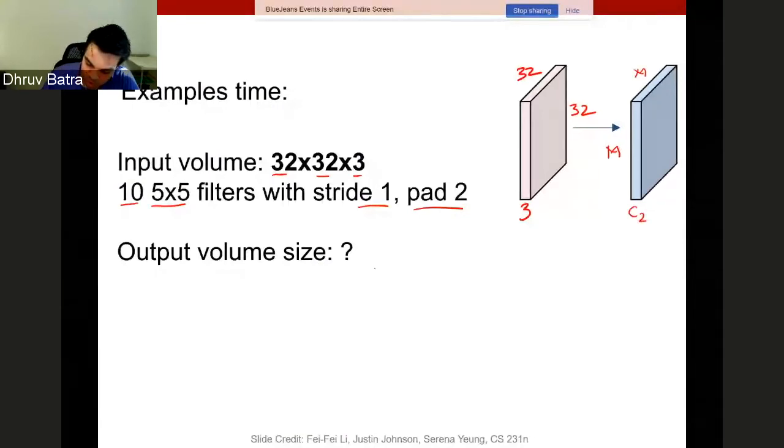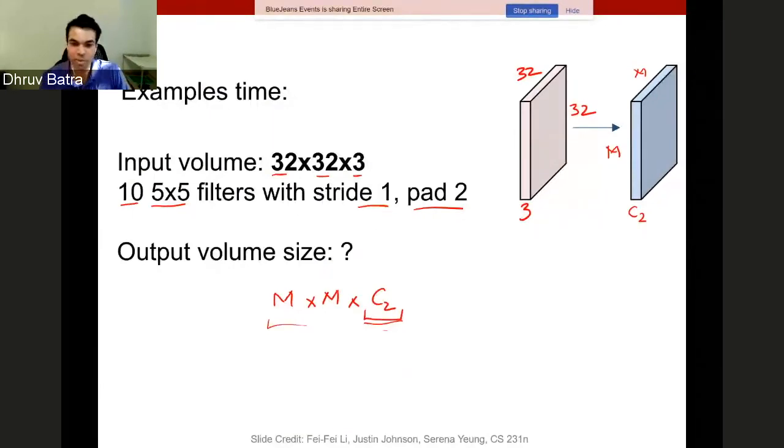So what is M by M by C2? And you can paste your answers in the chat, but one hint I'll give you is that C2 is pretty easy to tell. That's right at you, but you can take a couple of seconds. If you just want to respond with C2, that's fine. If you want to respond with the entire triplet, that's fine too.